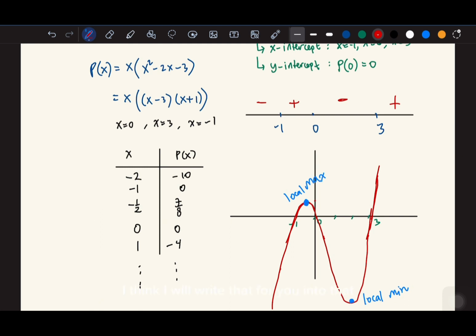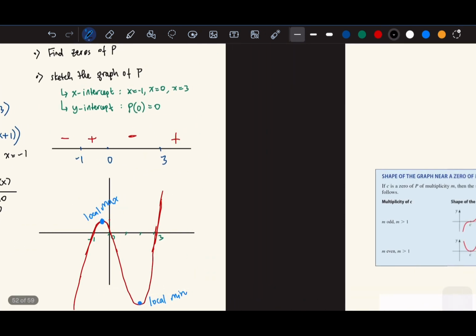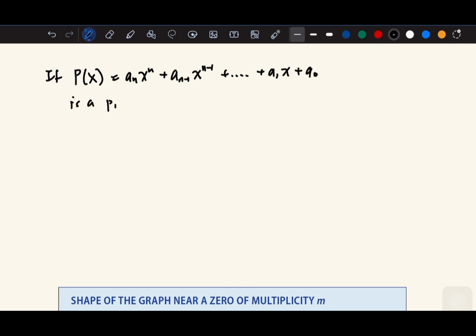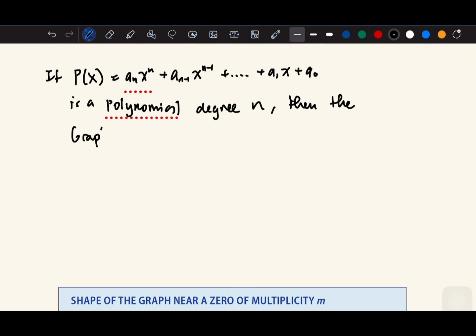I think I will write that for you, okay, if you think that's important. I will write here. If P is a polynomial of degree n, then the graph of P has at most n minus 1 local extrema.